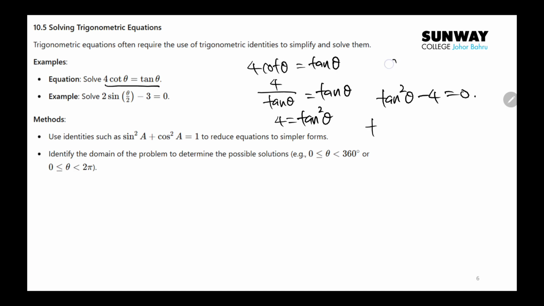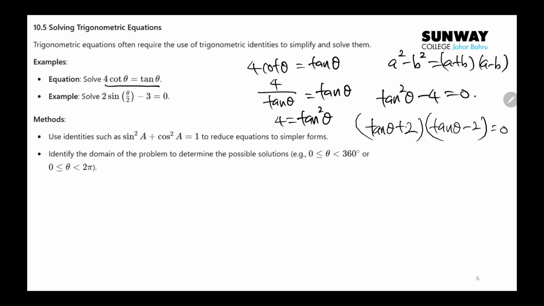You understand that a square minus b square equals to a plus b, a minus b. So we are utilizing this factorization, and so we can rewrite this as tangent plus square root of 4, which is 2, tangent minus 2 equals to 0. And so you will be getting tangent equals to negative 2 as well as tangent equals to positive 2.